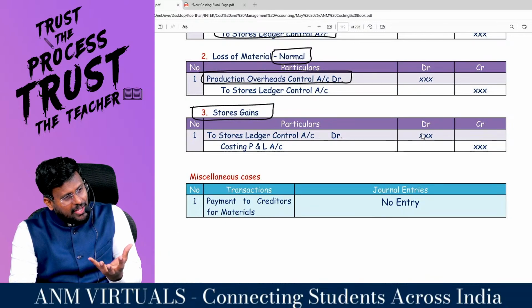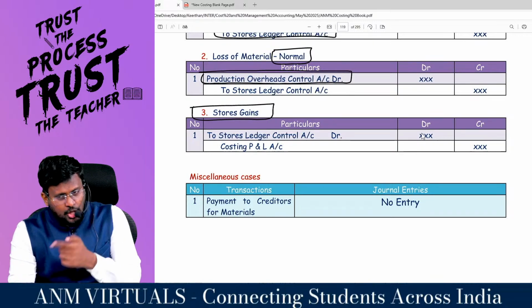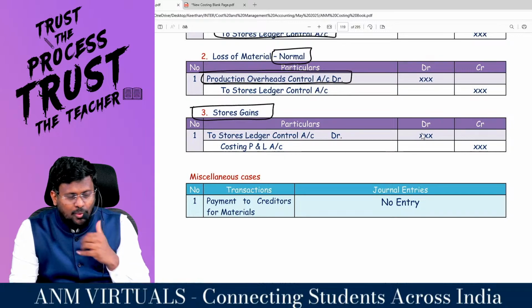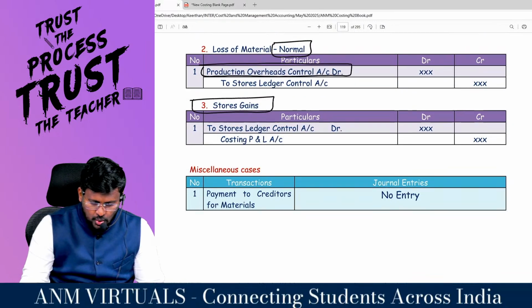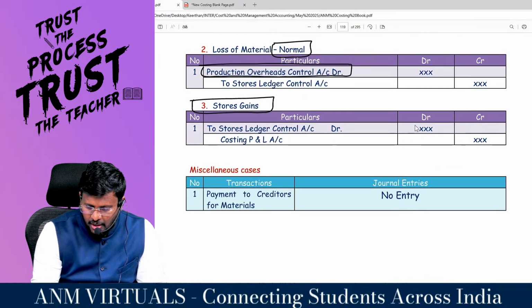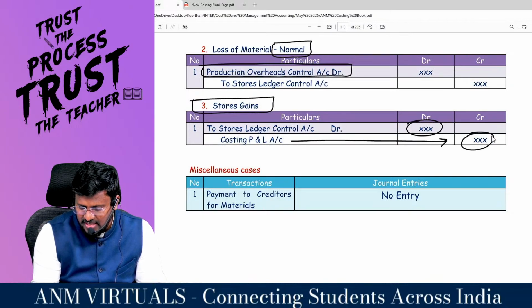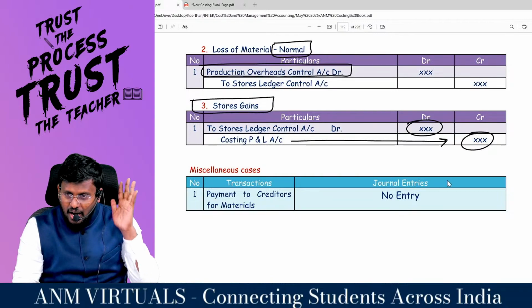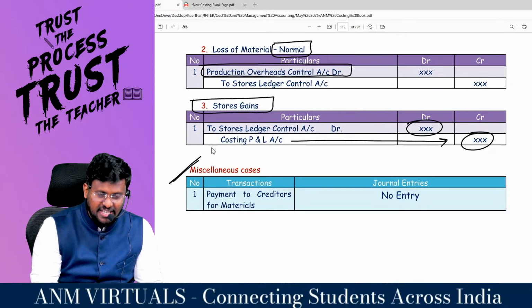That means we will be having more balance in the stores ledger as compared to the ideal balance. What entry will you pass? Stores ledger control account debit to costing P&L account, because this is an abnormal gain.